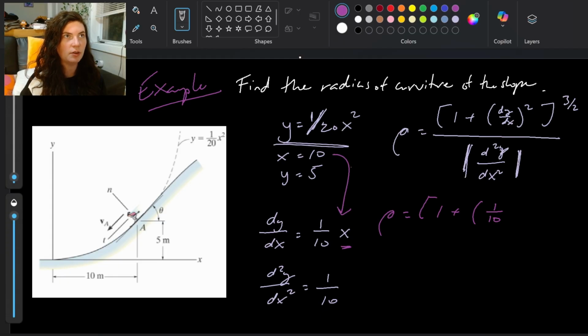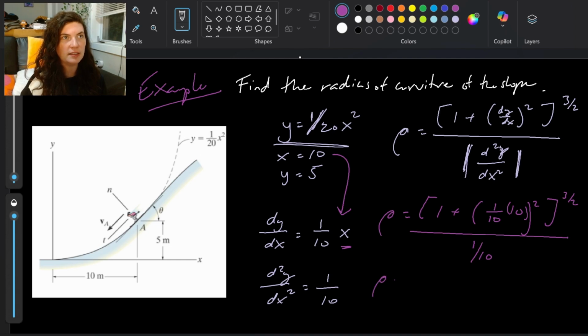It's 10. That's the location that we're at, A. Our x is going to be 10. So this times 10, squared, to the 3/2 over the second derivative d²y/dx².